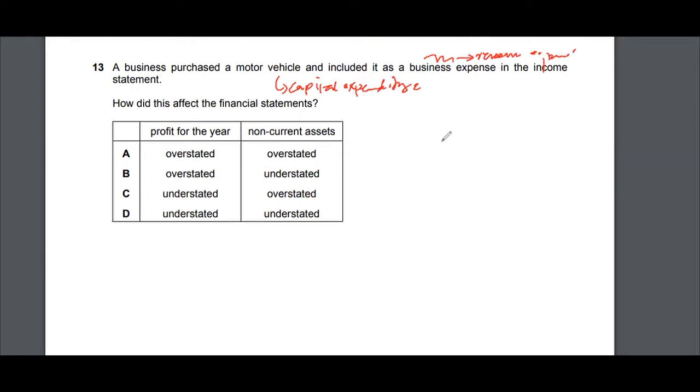So that's the problem here. Your profit has been understated because more expenses were recorded. And non-current assets will be understated as well because it should have been recorded there, right? So the correct answer to multiple choice 13 is option D.